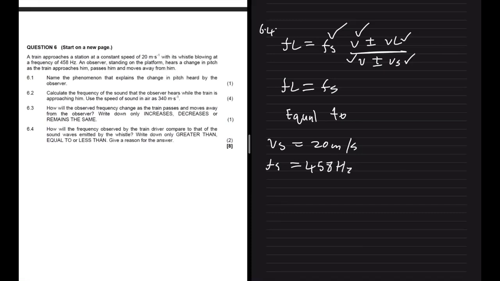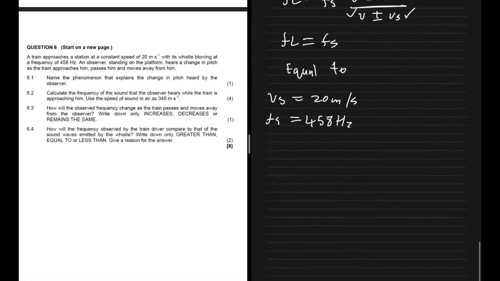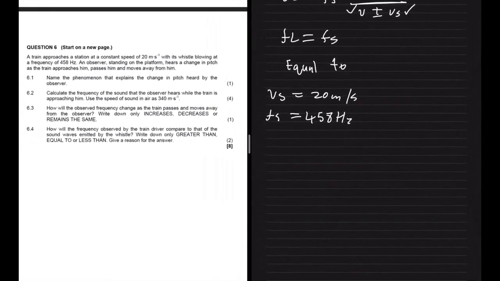Standing on the platform, somebody hears a change in pitch as the train approaches him, passes him, and moves away from him. 6.1: name the phenomenon that explains the change in pitch heard by the observer. That's the Doppler effect. The pitch is changing because of relative movement between the observer and the sound source.